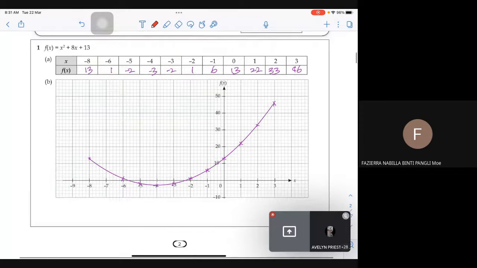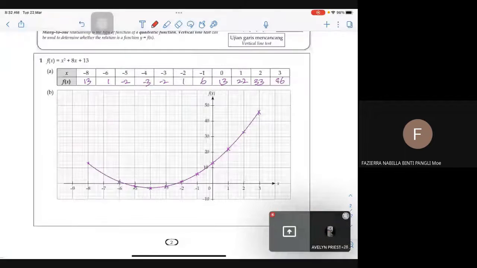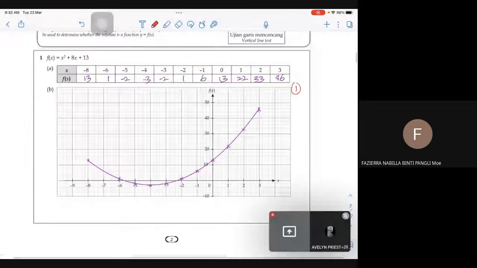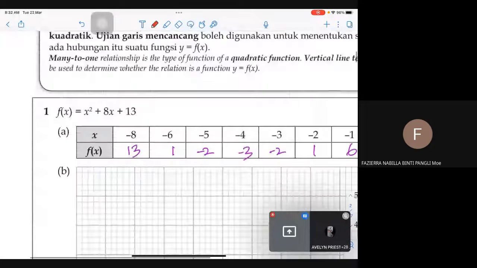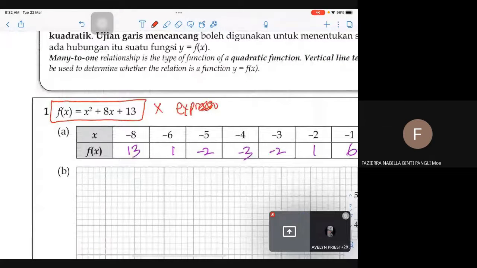So actually for this one, after you sketch, there are a few things you have to know. The first one, for quadratic: you see this one now is no more an expression. When this one is equal, we have the equal sign in the middle with something at the left and right.